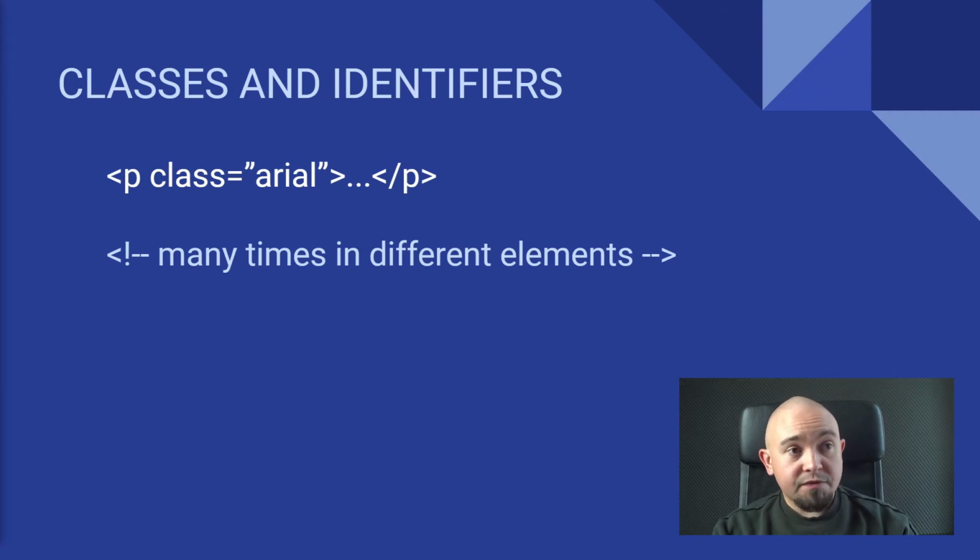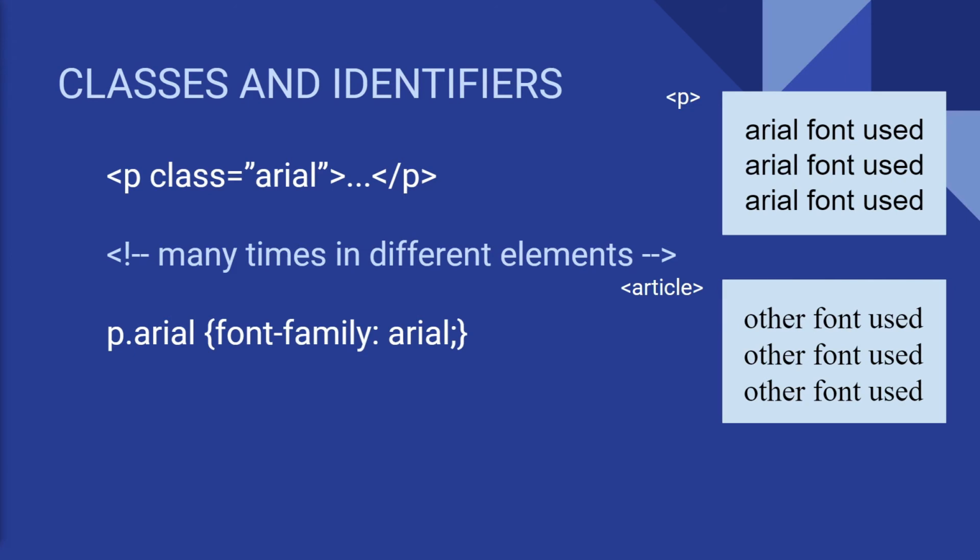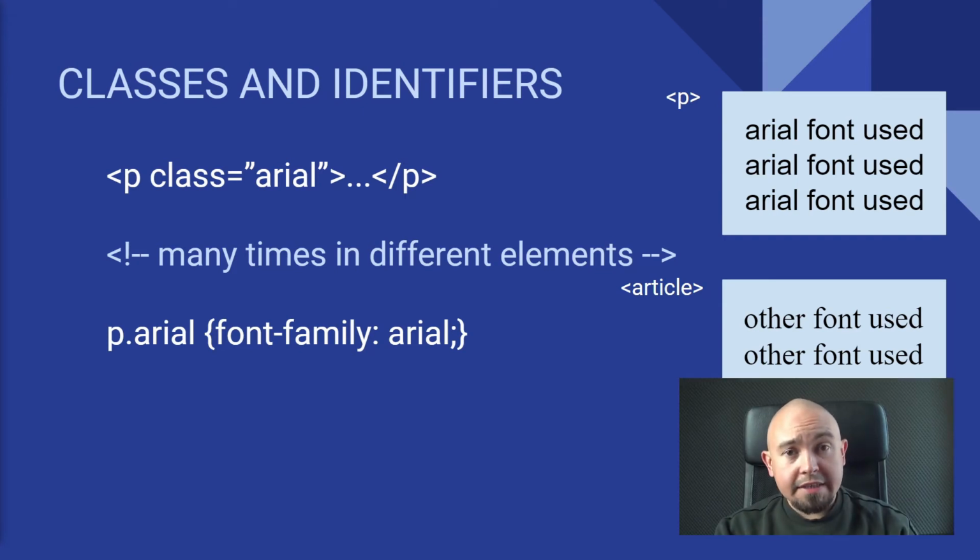And in this case, it refers to the font we want to use in our element. The main difference between the class and the ID is that we can use the same class in many elements on our website. So we can have many paragraphs with the class Arial on our website, and each of them will get the Arial font. As you can see, we refer to the class in CSS by the dot. It's visible that only our paragraph has this font, while the article has a different font.